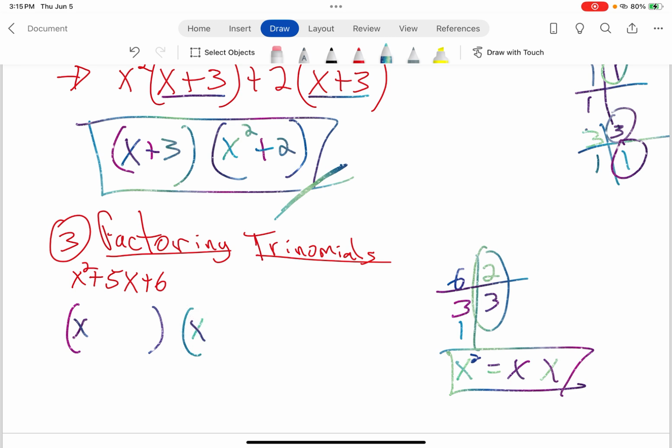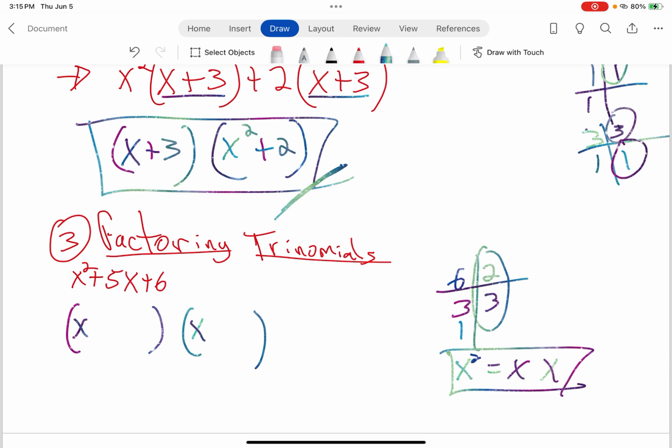This is my first x, and then, as the rules say, you have to find two numbers that when you multiply them give you 6, and when you add those same two numbers give you 5.